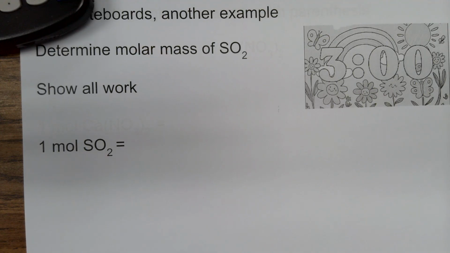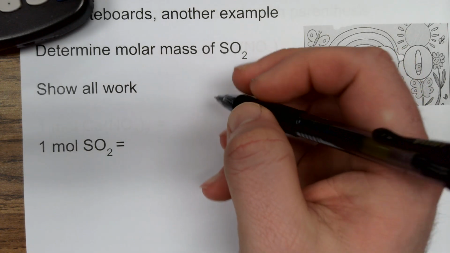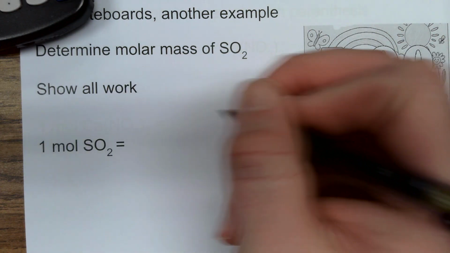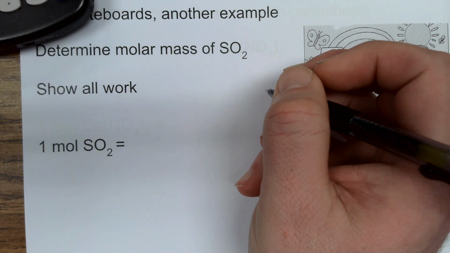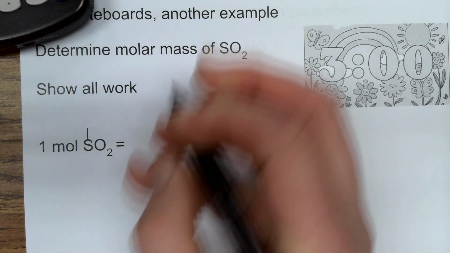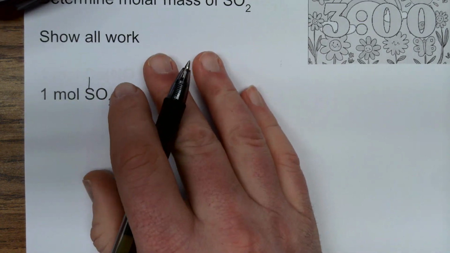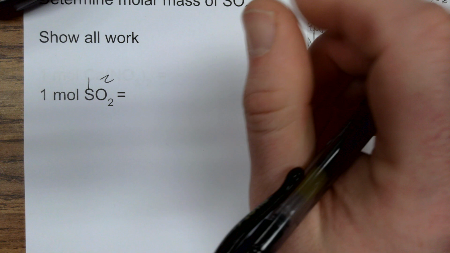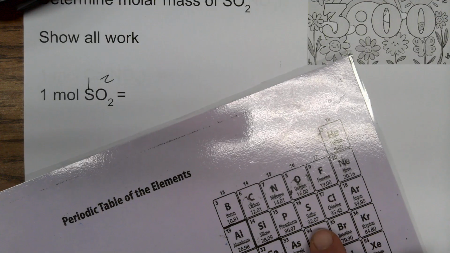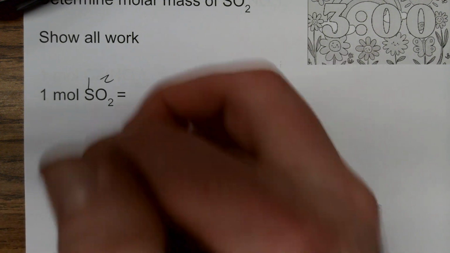How many sulfur atoms do I have here in my compound? One of them. How many oxygens do I have? Two of them. So I got my periodic table. Sulfur is 32.07.